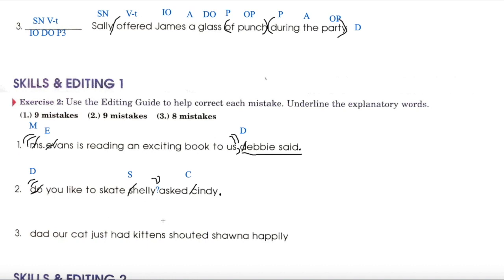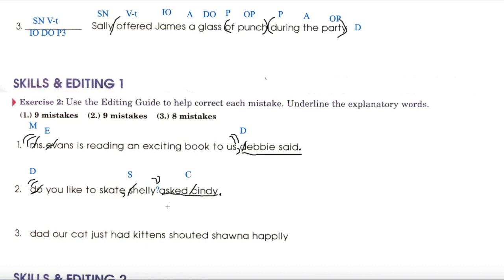We're directly talking to Shelley, so we need a comma before that. Oh, and then of course we need to underline the explanatory words. Now we have everything in number 2. Okay, let's go on to number 3.